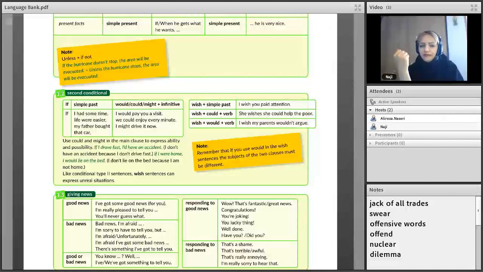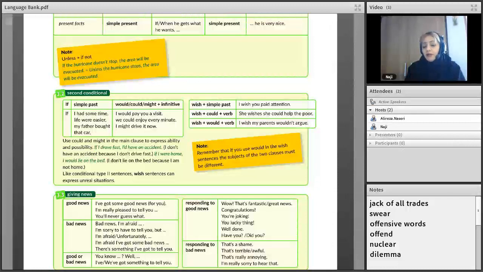For example, am I a man? No. But I think, oh, if I were a man, I would travel alone all over the world. But I'm not a man, so I cannot travel alone around the world.